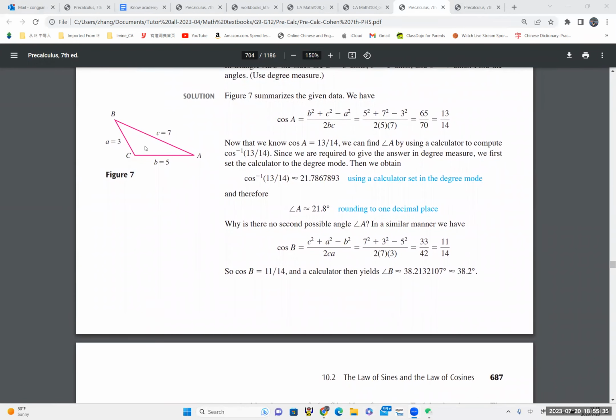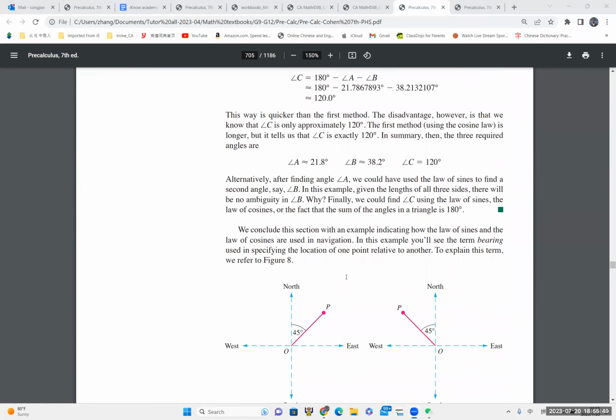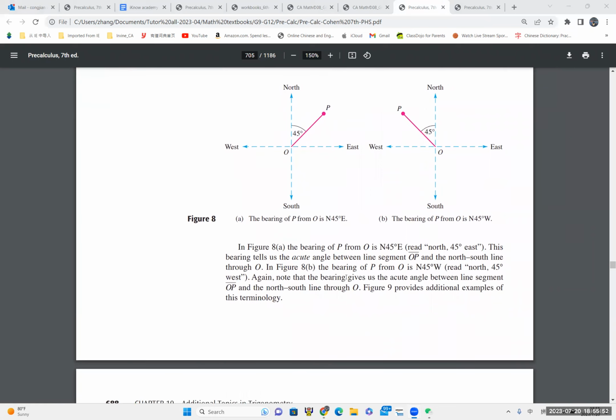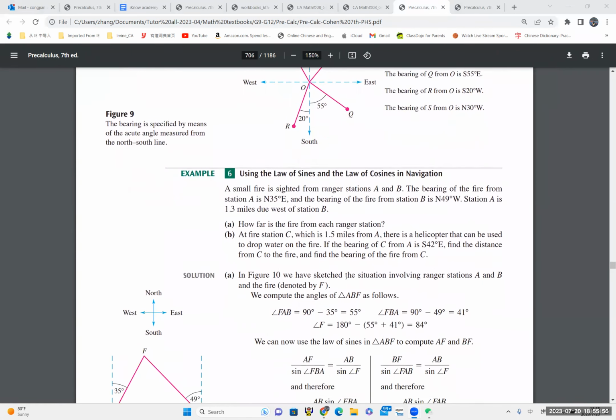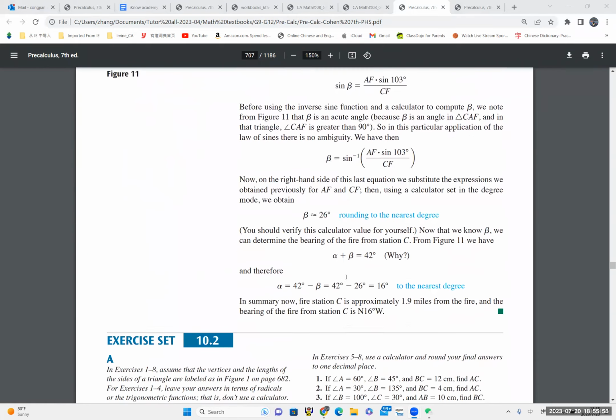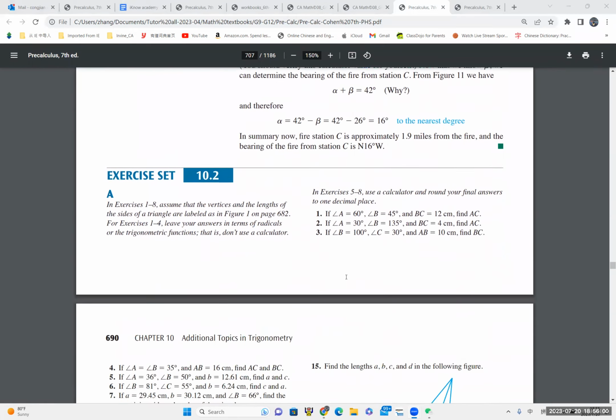Even here, you don't know any angle, so you don't have a chance to use the law of sine first. Then think about the law of cosine to at least find the first angle. Now let's do some exercises.